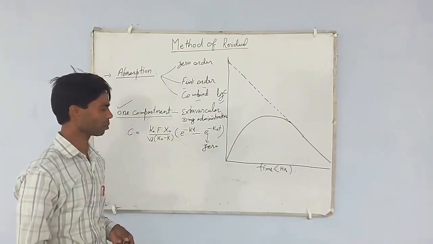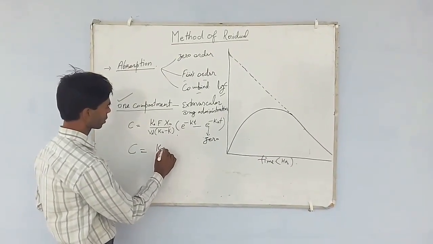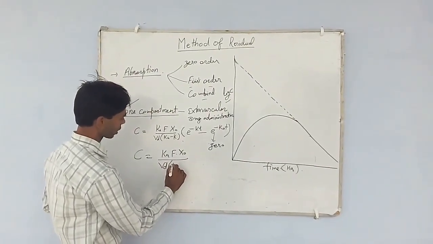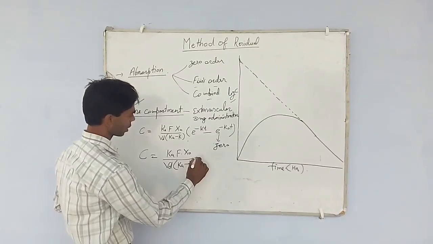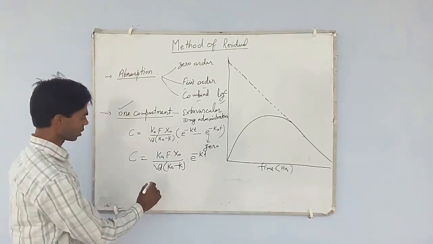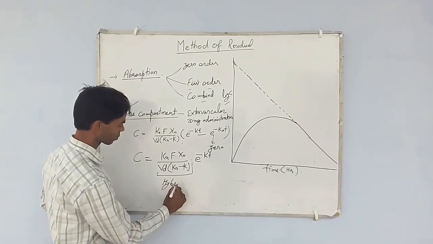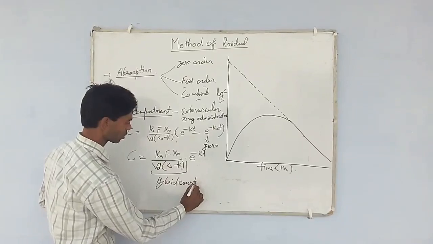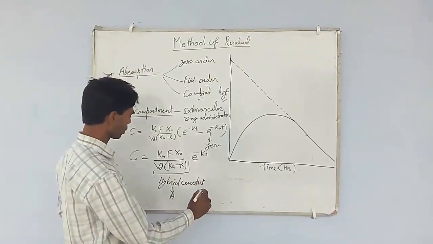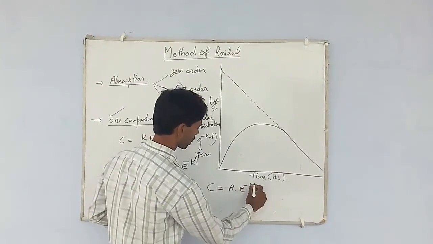Then the equation becomes C equals Ka F X0 divided by Vd (Ka minus K) times e to the power of minus Kt. All these factors together are known as the hybrid constant, represented by A. Then the equation becomes C equals A times e to the power of minus Kt.